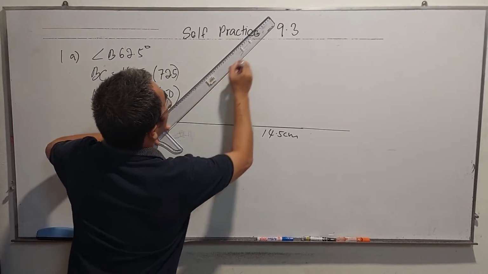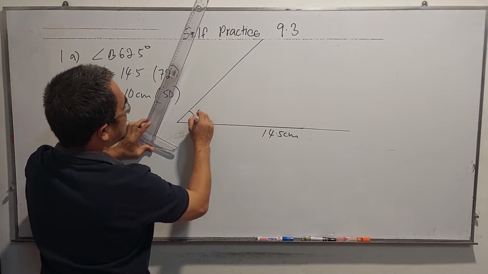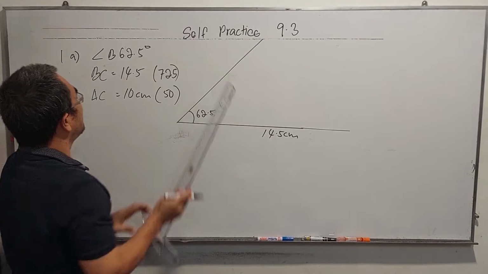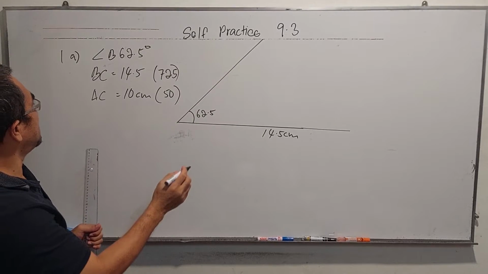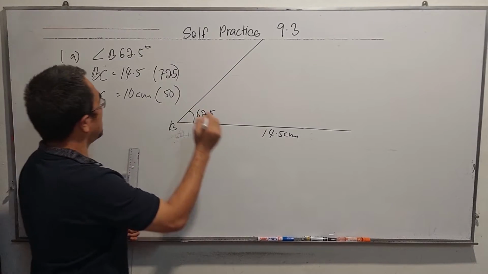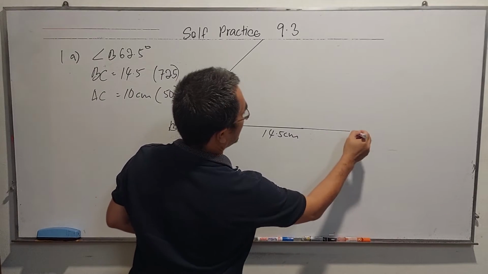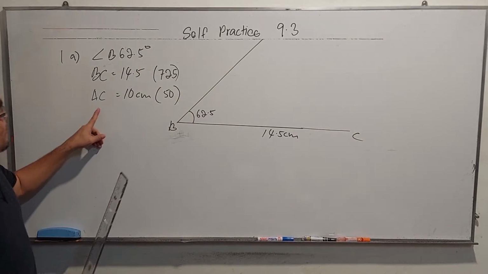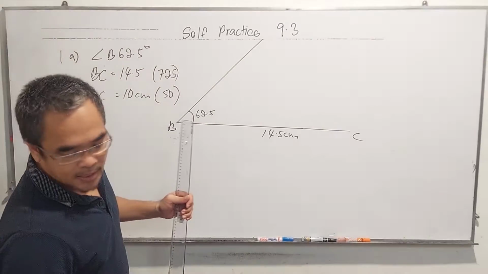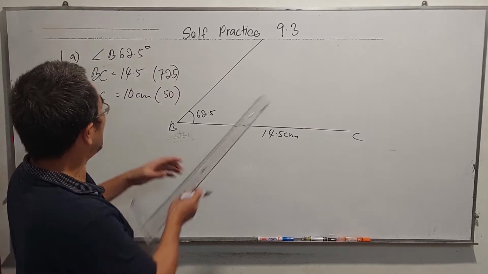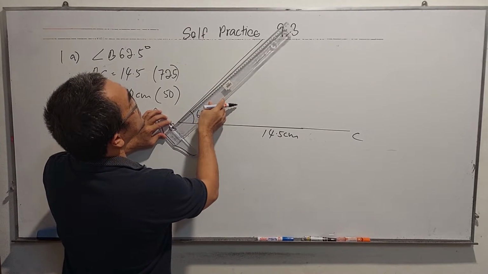So the angle here is 62.5. Right now, BC. Okay, B and C here. And the length of AC is 10. AC is 10. Also, I have to measure this first.